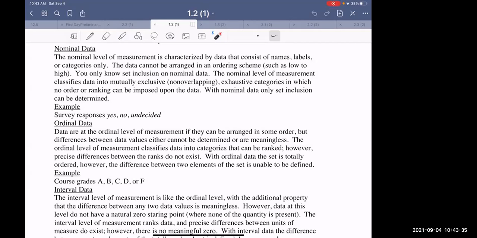A is bigger or better than D. But I can't tell what the difference is between a C minus and an A. Is that difference a B? Is it a D? Is it an F? Is it an A? I don't know. You can't tell differences. These are some range of values, so I can't take differences between these. It makes no sense at all.